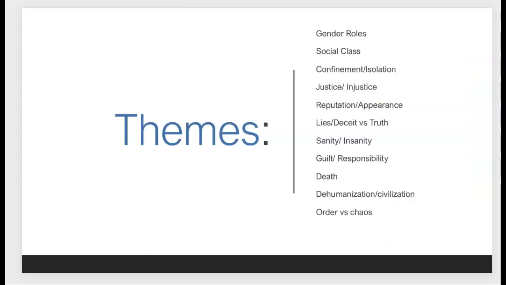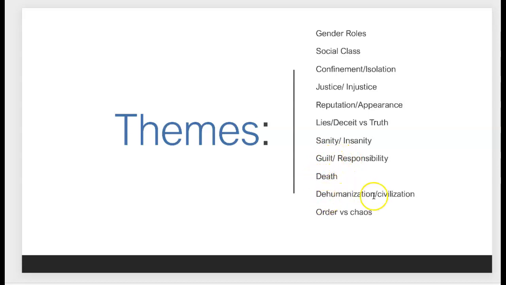I've outlined here a number of themes that Agatha Christie uses in the novel. We have gender roles, social class, confinement or isolation, justice and injustice, reputation versus appearance, lies, deceit, and truth, because remember, Vera's name means truth. There's also sanity or insanity, guilt, responsibility, and there are various ways you can interpret those words.